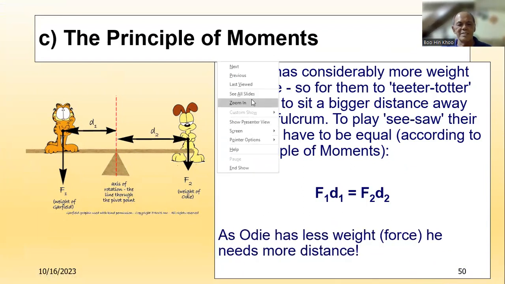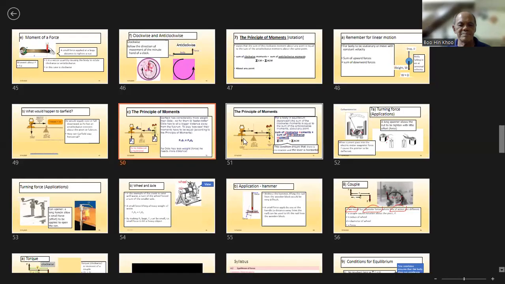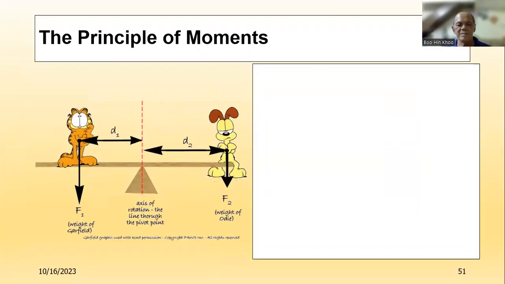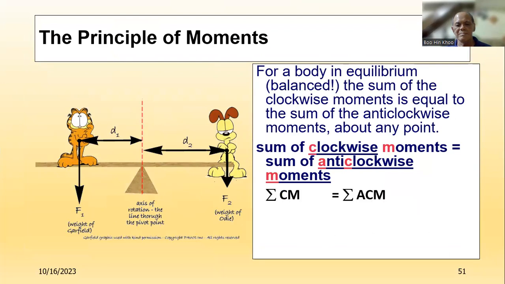We summarize it. For a body in equilibrium, or balance, the sum of the clockwise moments is equal to the sum of the anti-clockwise moments about any point. If we take any point, it must work. Sum of clockwise moments equals the sum of anti-clockwise moments. That is our short form.